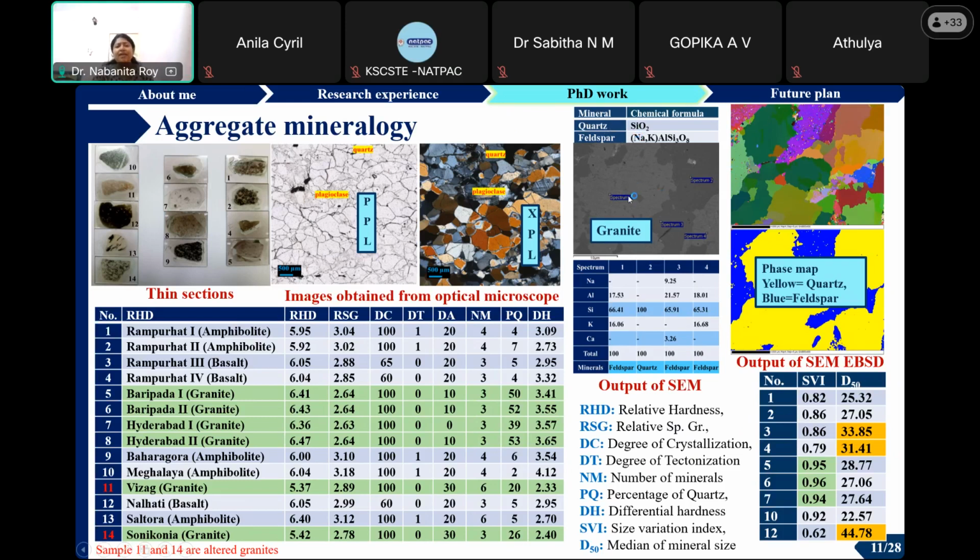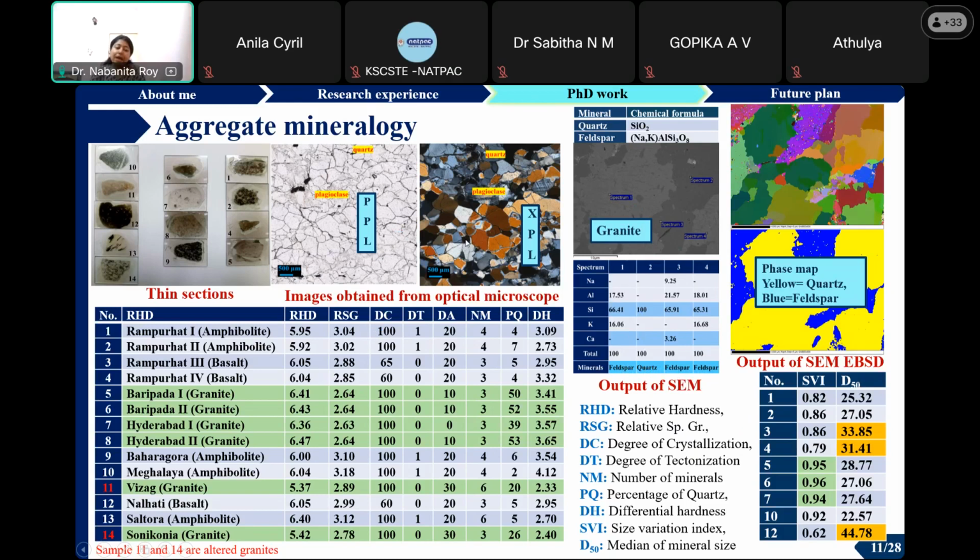Suppose you consider spectrum 2, then you can see that only silicon is there. If silicon forms oxide, then it will be quartz, SiO2. So here SiO2 is there. Similarly, some other minerals were also identified, like feldspar. Feldspar and quartz were the two most abundant minerals in this particular source of aggregate.